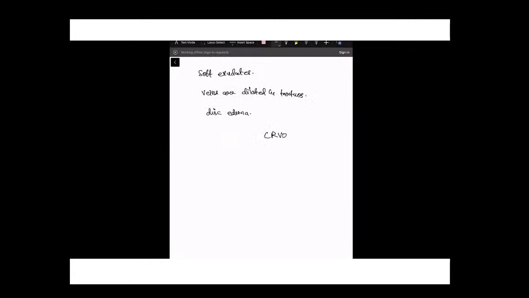In CRVO, because of the occlusion of the vein, there are a lot of hemorrhages happening. That is our flame-shaped hemorrhages.